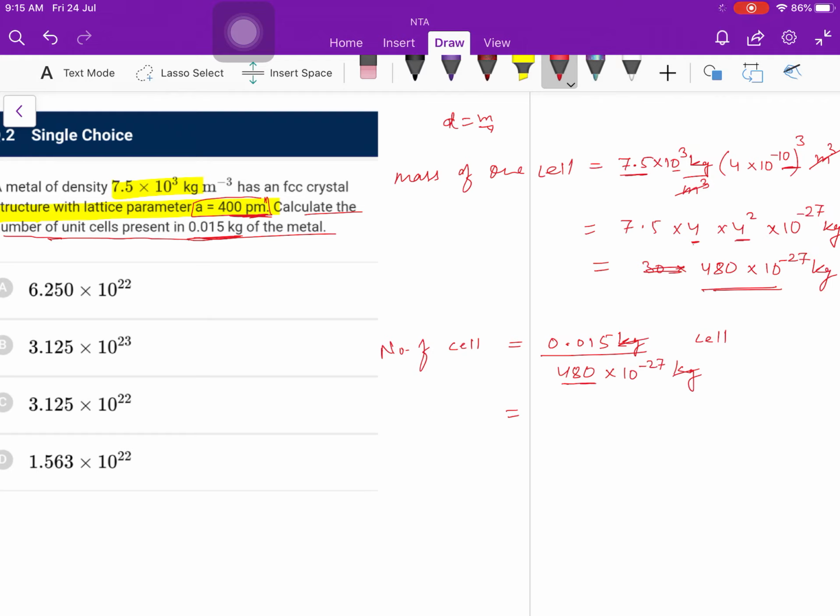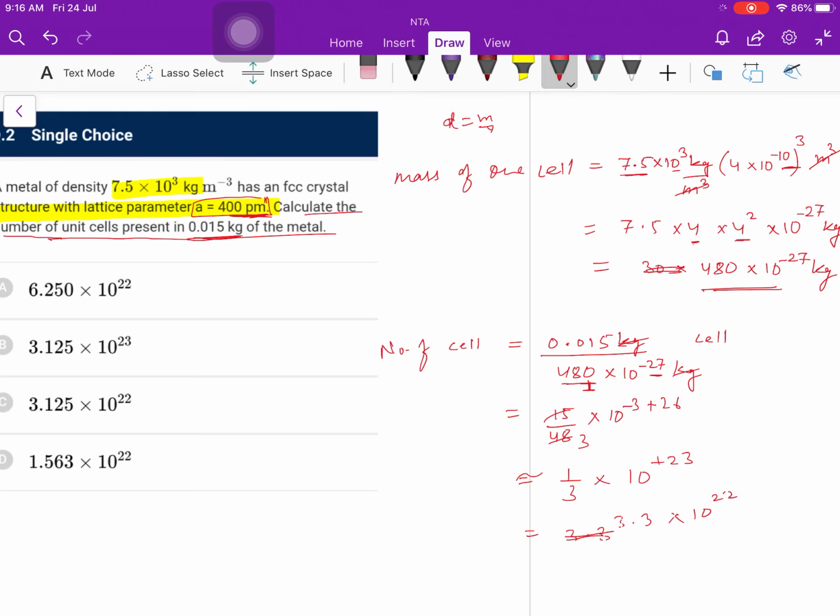This is 15 by 48, 15 into 10^-3 upon 48 into 10^1 into 10^-27, so the power is plus 26. 15 by 48 is approximately 1 by 3, so 3.33 into 10^23, sorry, this leaves 22.